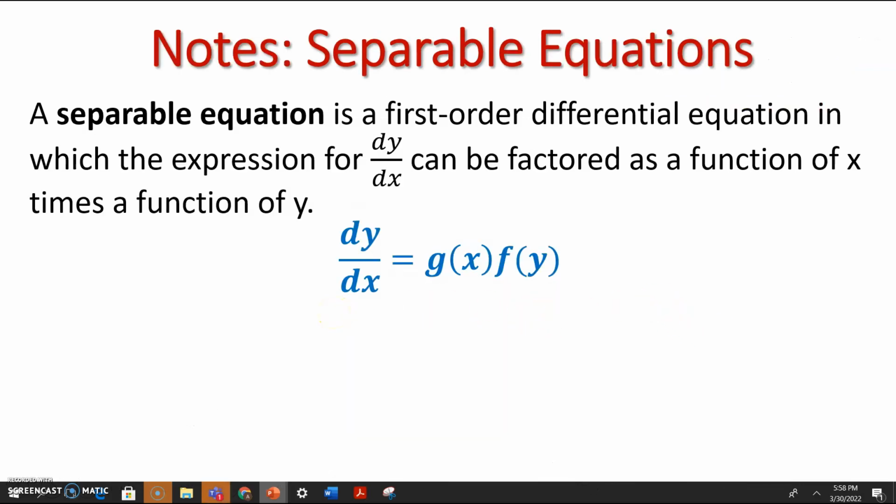All right, so we have here a new definition. Any differential equation we're going to call separable if it can be factored as a function of x times a function of y.